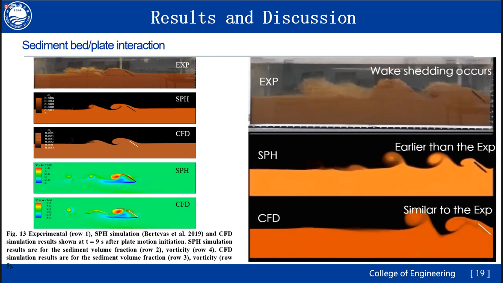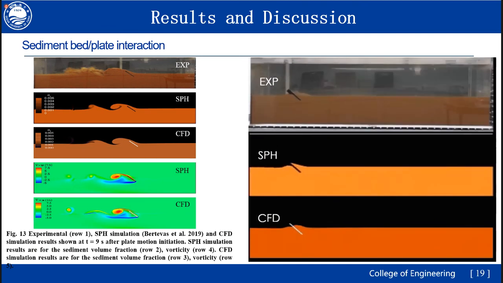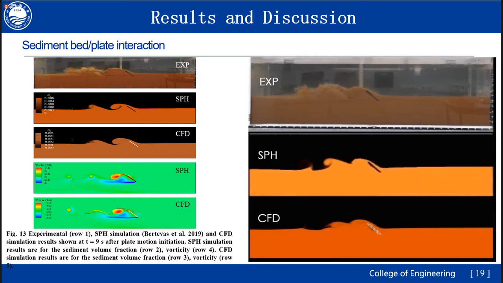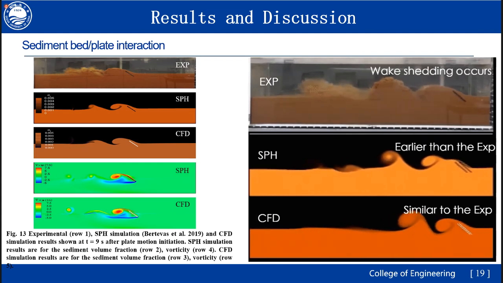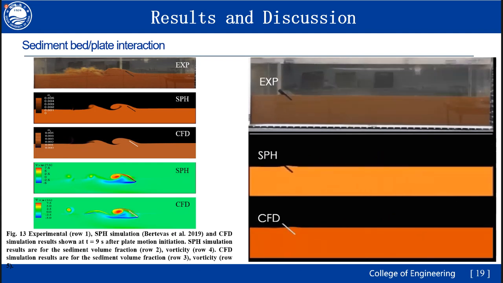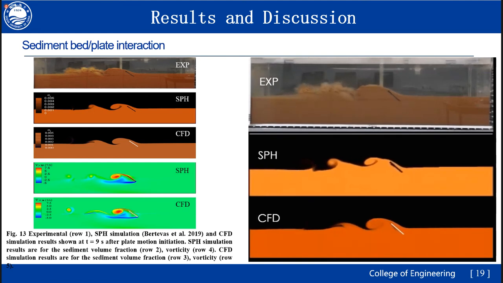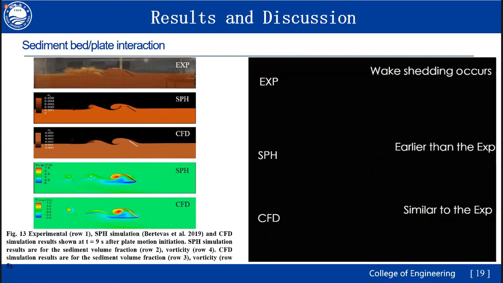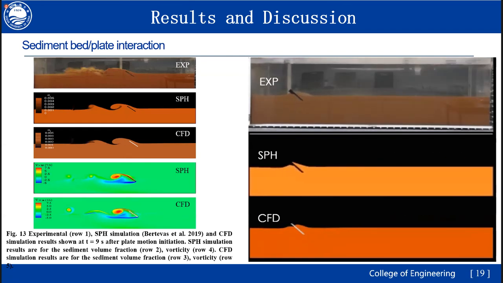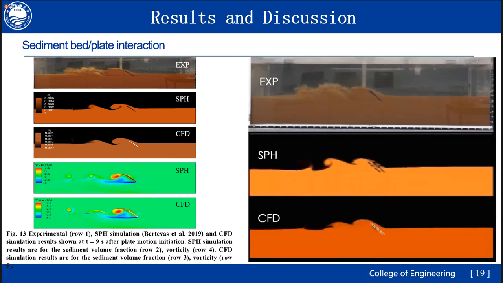And from the velocity picture, we can also find such information. And from this picture, we know this is the whole process of the plate pushing movement. We can find quite similar phenomena occur, but almost at the end here, we can see the vortex shedding is similar for our case, the CFD model and the experiment.